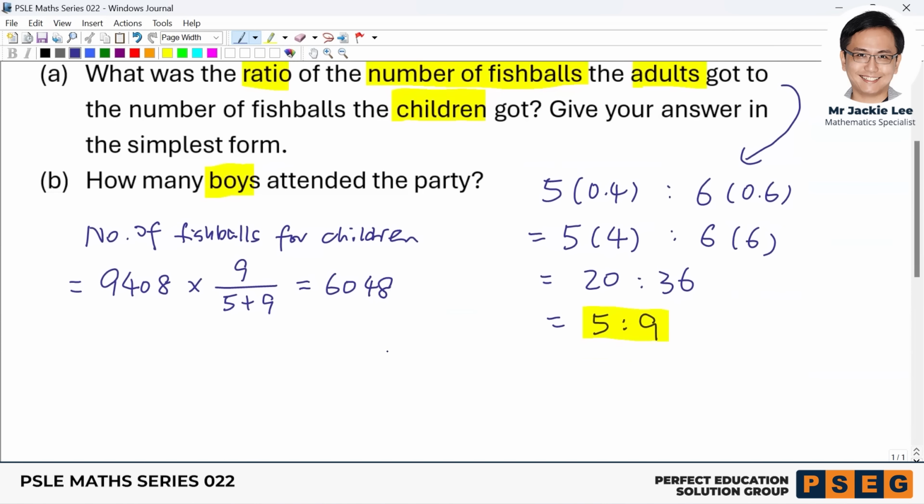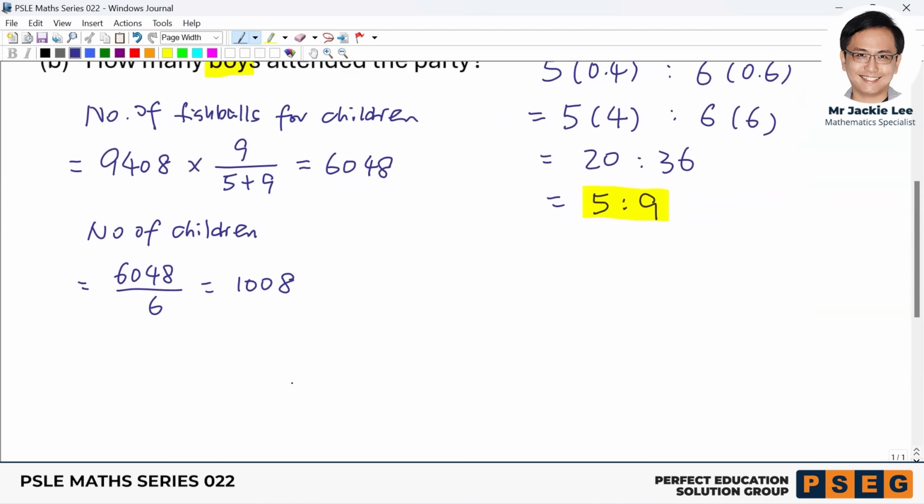After that, we find the number of children. Because each child receives 6 fishballs, we simply use this new answer, 6048, divided by 6. This will give us 1008. Then eventually find the number of boys.